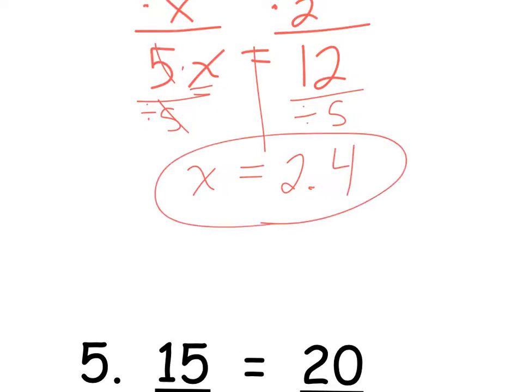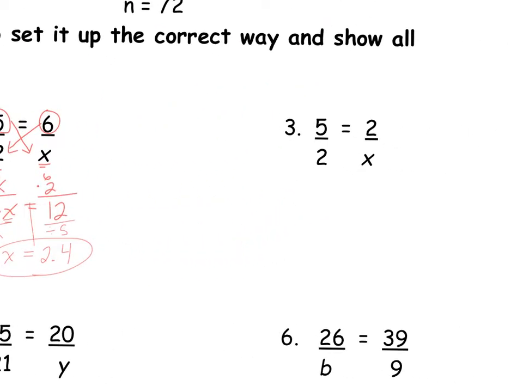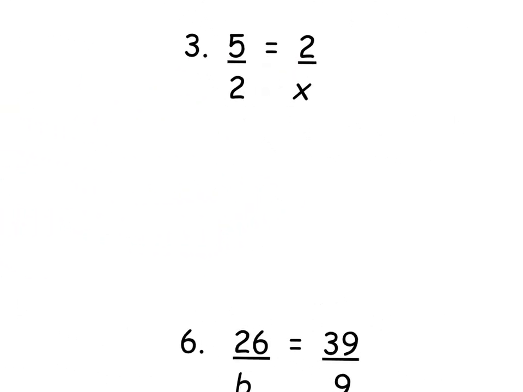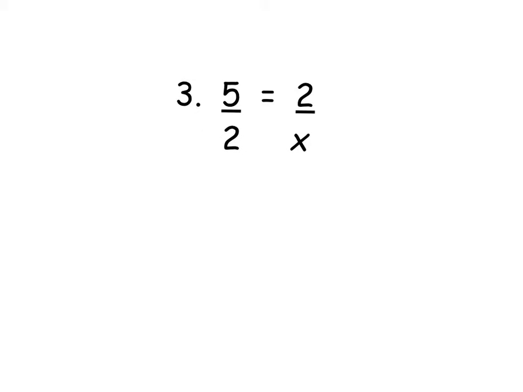I'm going to do one more with you real quick, and then I'm going to have you try just a couple on your own and then submit it Friday for your participation or homework points. So here we go. Take the 5, cross it through the equal sign. I'm going to have 5 times x. Again, we just did that. Smush those numbers together to make 5x.